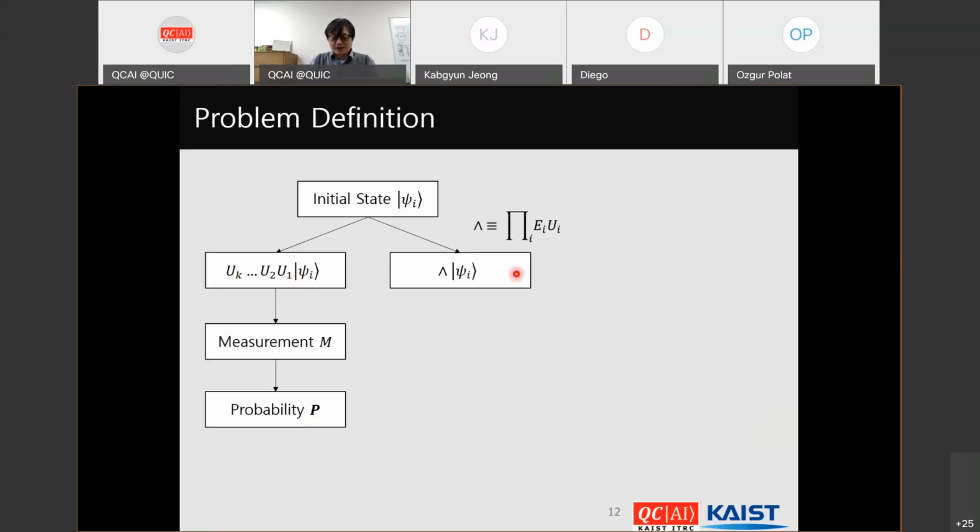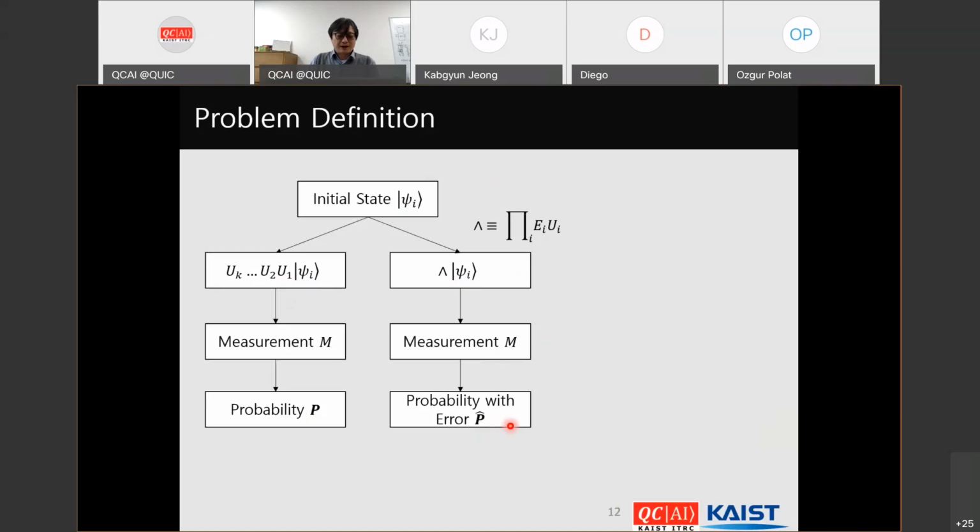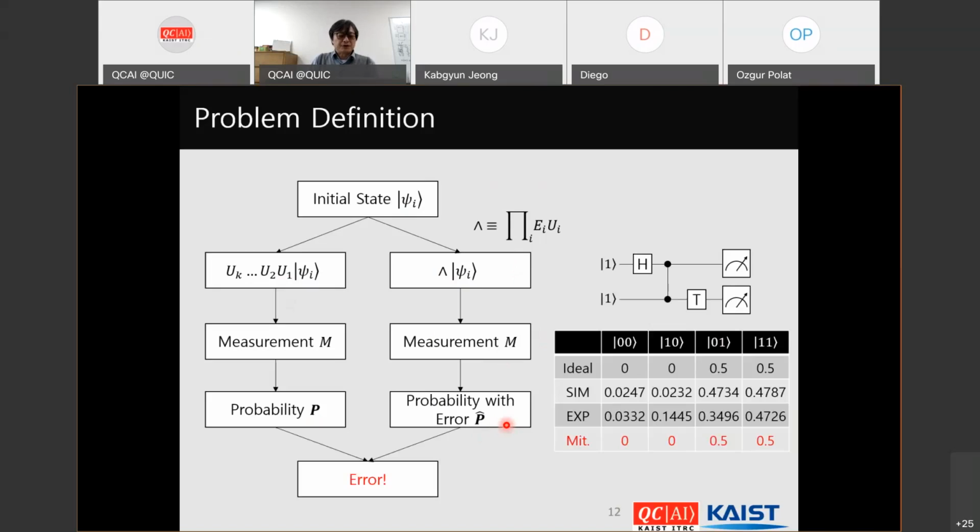But with error, we have measurement with the error, and then the result will have error probability. If we compare these two numbers, we can find out the error. This is the state with error, and this is the state with no error, and the difference becomes the error.